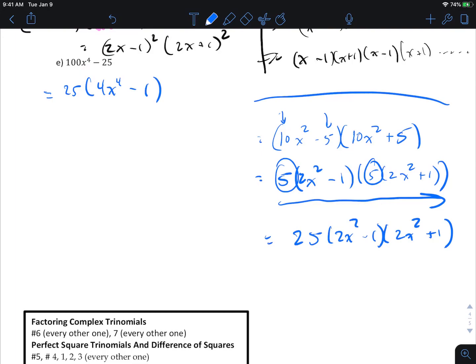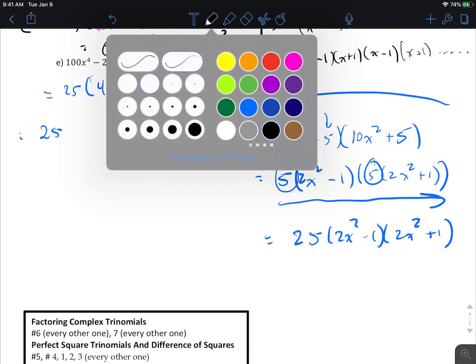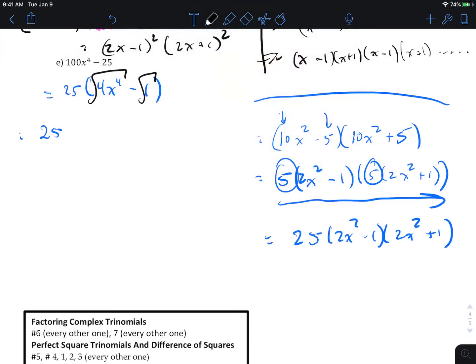Now, I can square root the first, square root the last. So this is me. I'll square root this one, square root that one. And I'm like, okay, the square root of 4x to the 4th is 2x squared minus 1, and then I'm going to have 2x squared plus 1. Then I'm like, okay, I can do it again.